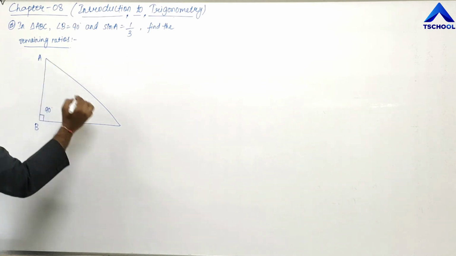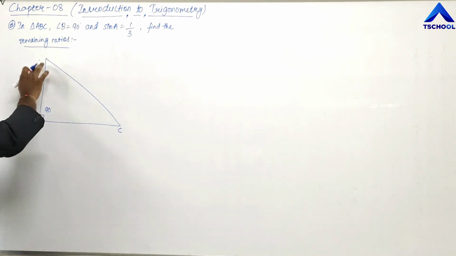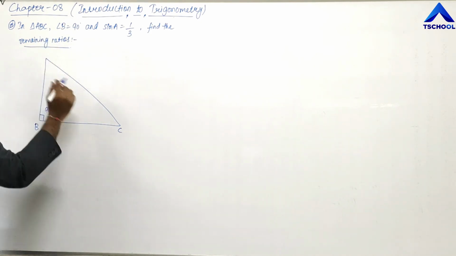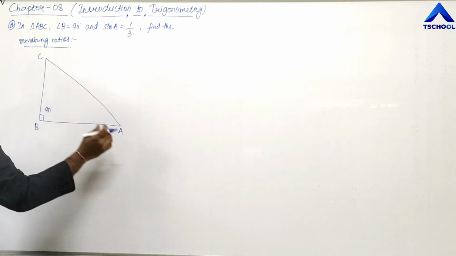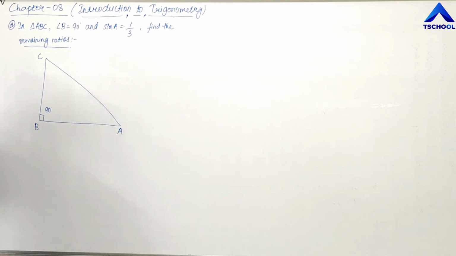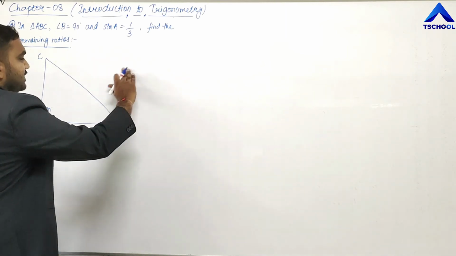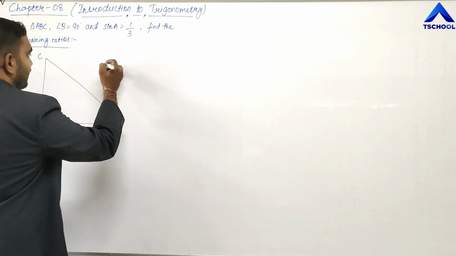And you can take A and C anywhere. If you take A here, then there it will be C. If you take C here, then there it would be A. So let me take A here, and this is my C. Right? So I got the triangle ABC, and we are given that sin A is equal to 1 upon 3.